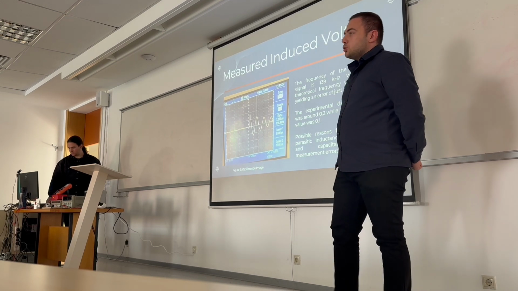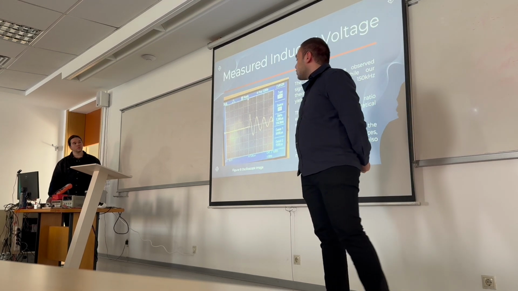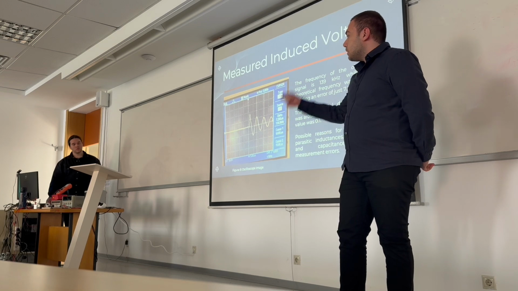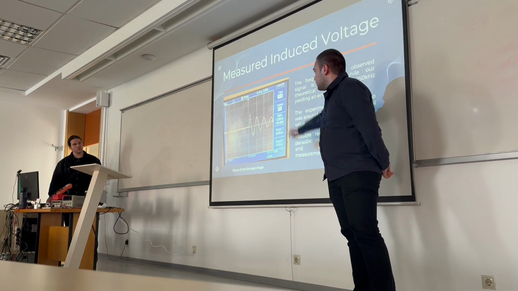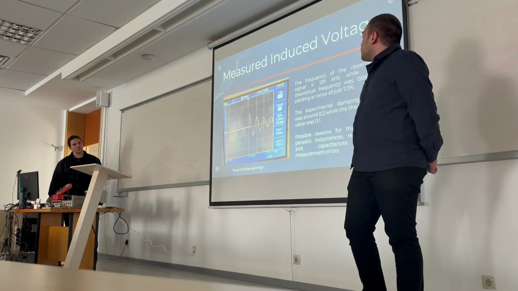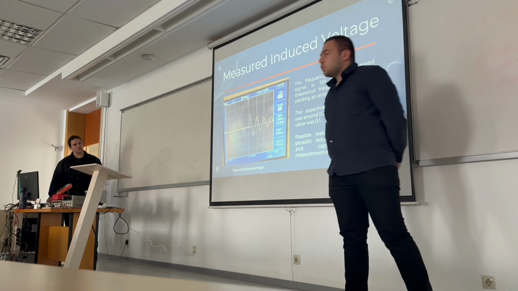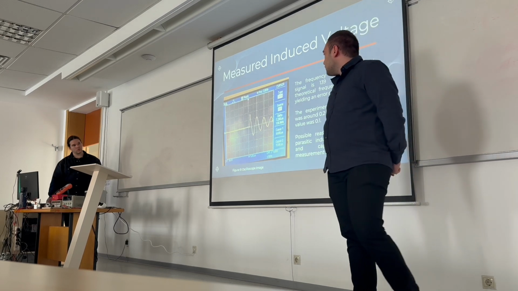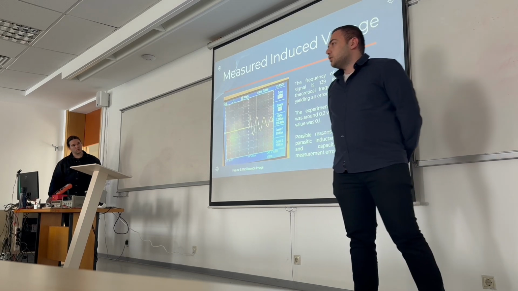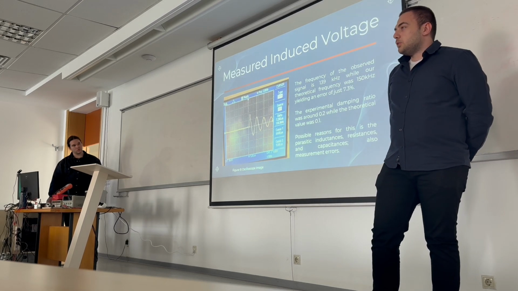Then we used an oscilloscope to measure the induced voltage on the coil. As you can see, it's damped and sinusoidal, with a frequency of 140 kilohertz. But when we simulated the RLC circuit in AltaSpice, we found it was 150 kilohertz.